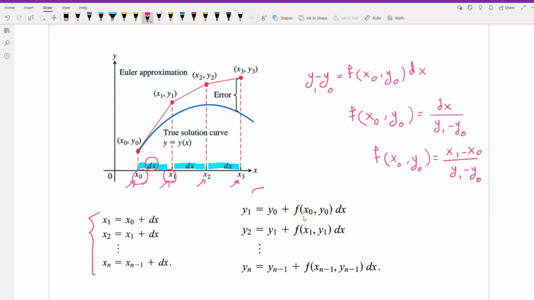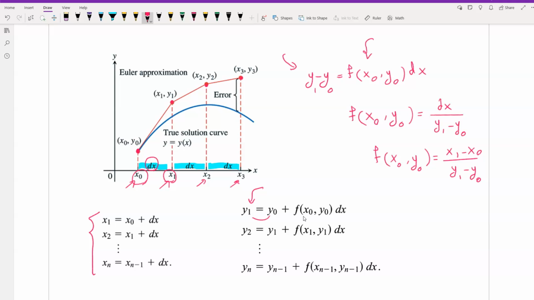So what we had for the first part, y1 equal to y0 plus f of x0, y0 times dx, is the same as finding a slope. Moving y0 to the left side, y1 minus y0 is equal to f of x0, y0 times dx.